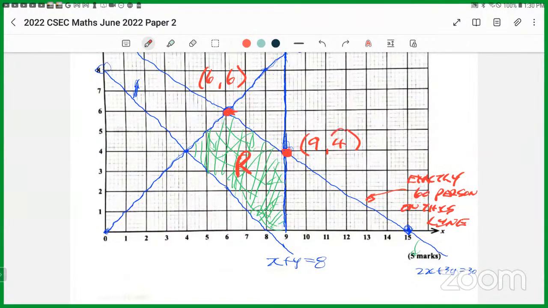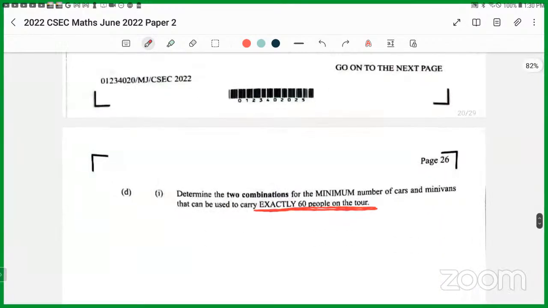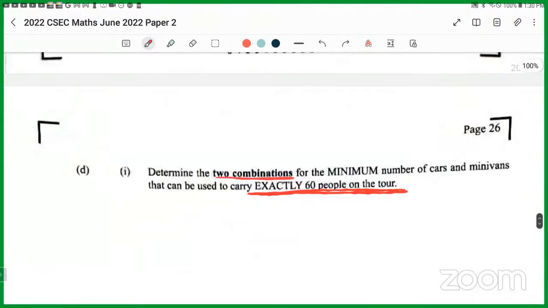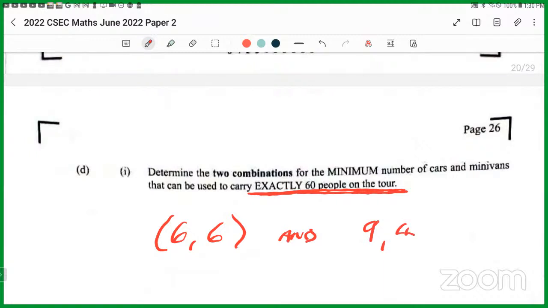So the minimum number of vans will be 4, and the minimum number of cars will be 6. All right, that's what it is. What the minimum combinations is? The two combinations to carry the minimum number of cars and vans, exactly 60 people. So it's at those 2 points, 6, 6 and 9, 4.